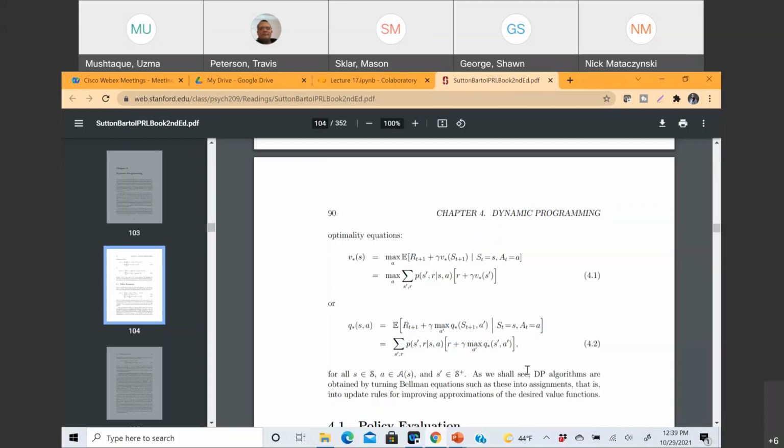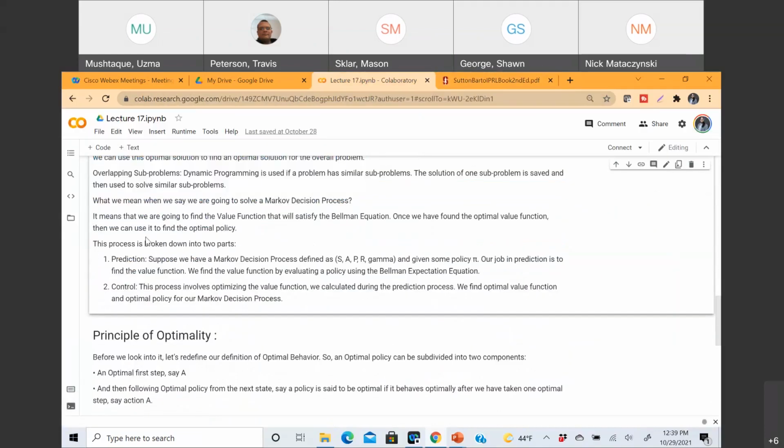So when we are trying to solve an MDP, what do we mean? Well, let's go back to the lecture notes. I think I did put that down. Okay, yeah. That question comes up a lot: when I say I'm solving a Markov decision process, what exactly am I trying to do? Remember the whole point of spending so much time on getting the value equation and the state-action equation, the V and the Q, is that I'm trying to find the value function that satisfies my Bellman equation.